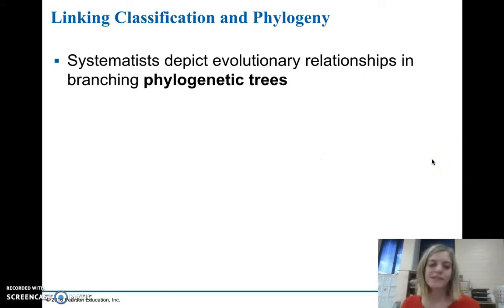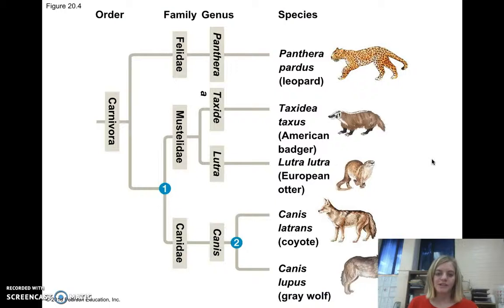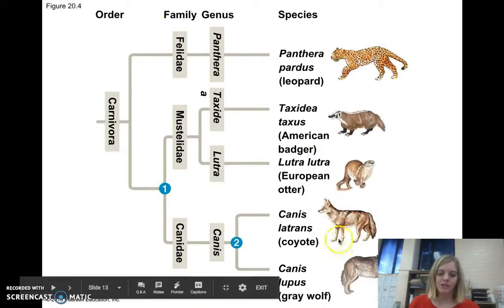So how systematists show evolutionary relationships is through a process known as making phylogenetic trees. These trees show the relationships between a group of organisms using a branching diagram. So you can see here we've got our phylogenetic tree, and we have quite a few different canines and carnivores here.